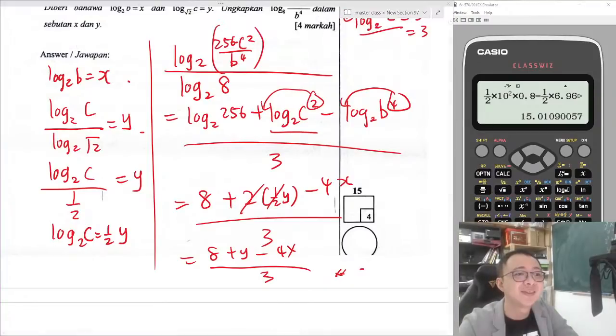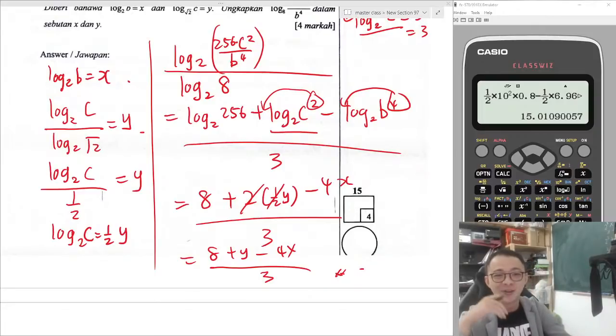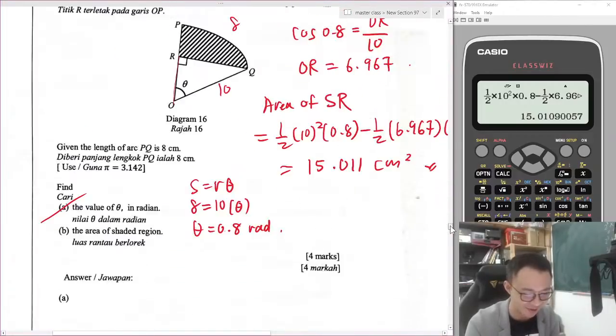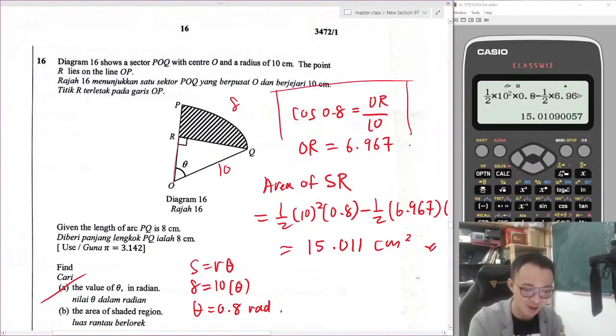What is the answer? 8 plus y minus 4x over 3. My answer is the same as the marking scheme. What's wrong? You can check for your mistake. This one I'm using SOH CAH TOA. So cos theta equals adjacent over hypotenuse, isn't it?